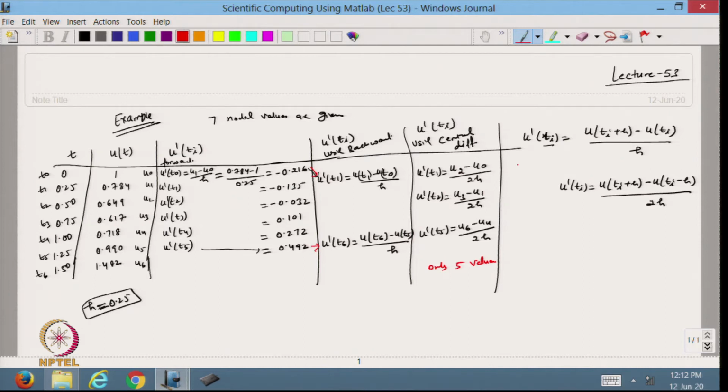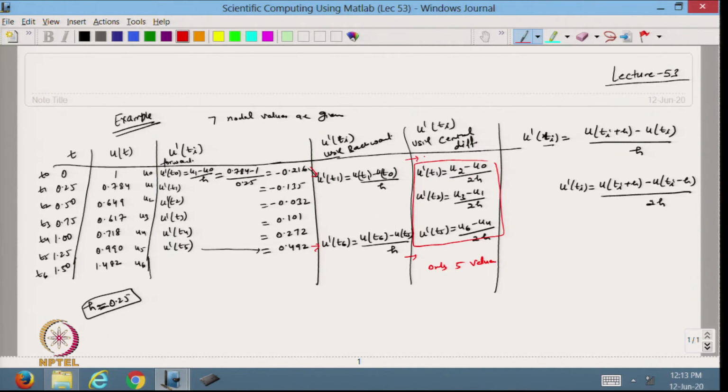So whenever we have the data and we want to use our central difference operator to approximate the derivative, we are able to find the value of the derivative only at the interior nodal points. So these are the interior nodal values, T1, T2 up to T5. At the boundary values, at this place and this place, we cannot approximate the value of the derivative using the central difference.